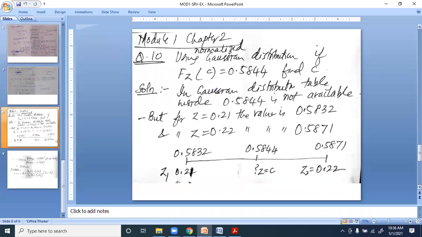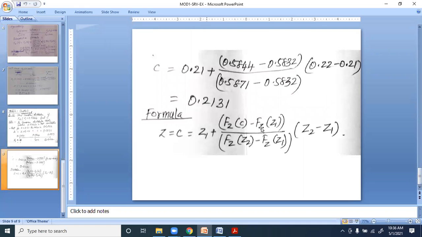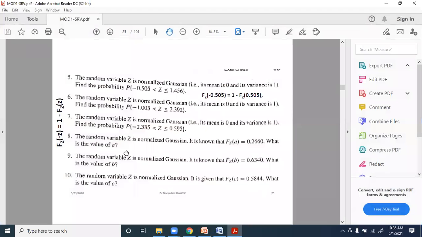You need to write a similar figure like this, use this formula, and find out the value of B now. Similarly, the value of A in problem number 8, 0.2660. So solve these two and put it in your assignment.